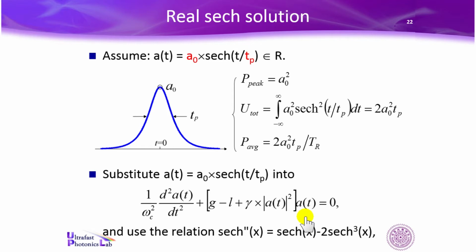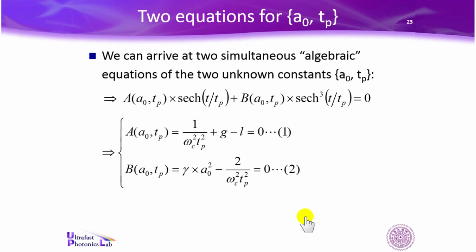Okay, so you will have something like this. After substitution, you got this sec function with a leading coefficient, say it's symbolized as big A. Of course, it's a function of two unknown constants, A0 and TP. Sec cubic has its own coefficient, big B. It's also a function of A0 and TP.